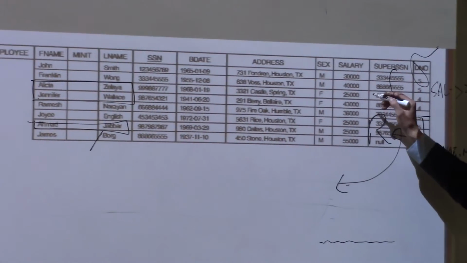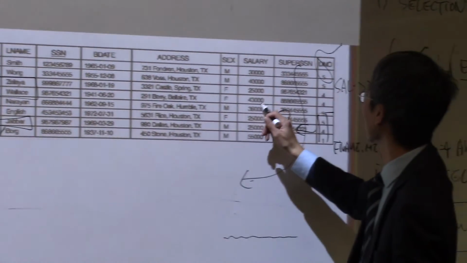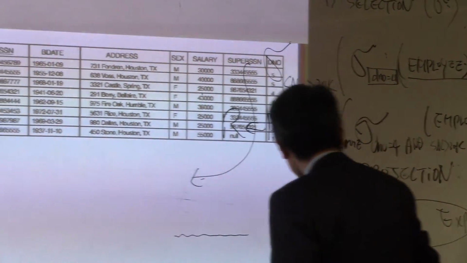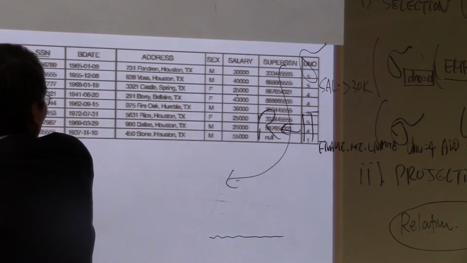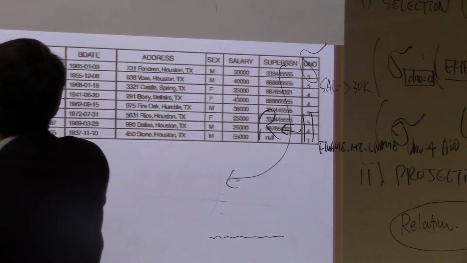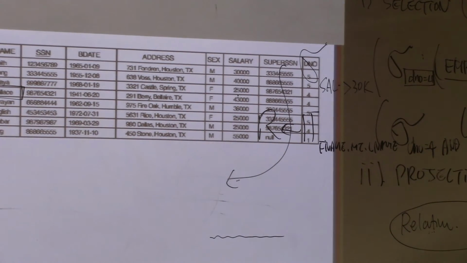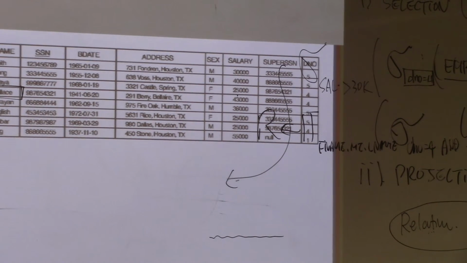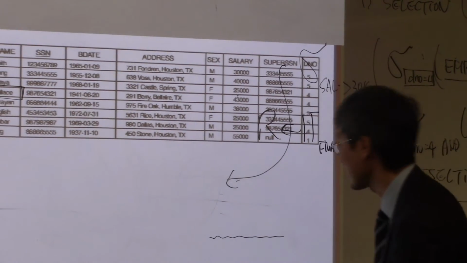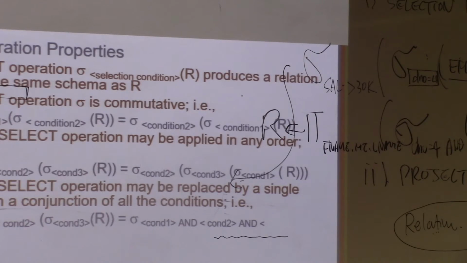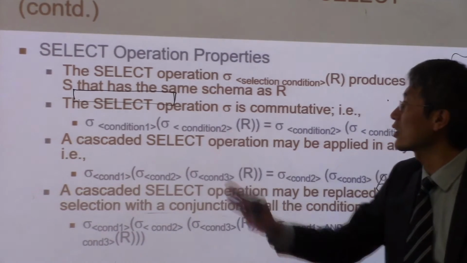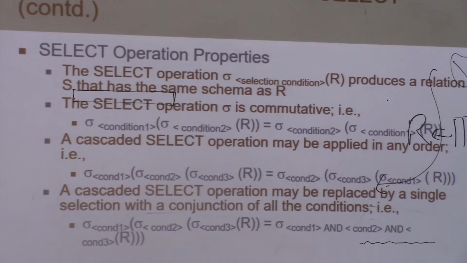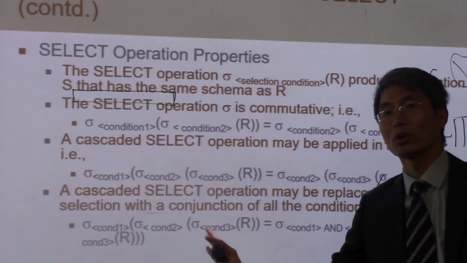We have the salary condition also. So we need only this one. Because the salary is higher than 30K, only one tuple will be returned, right? This is also a relation. This is the output that we want. So for the select operation, as we have seen, the conditions can be combined. It's commutative, and we can also separate them and change the order.